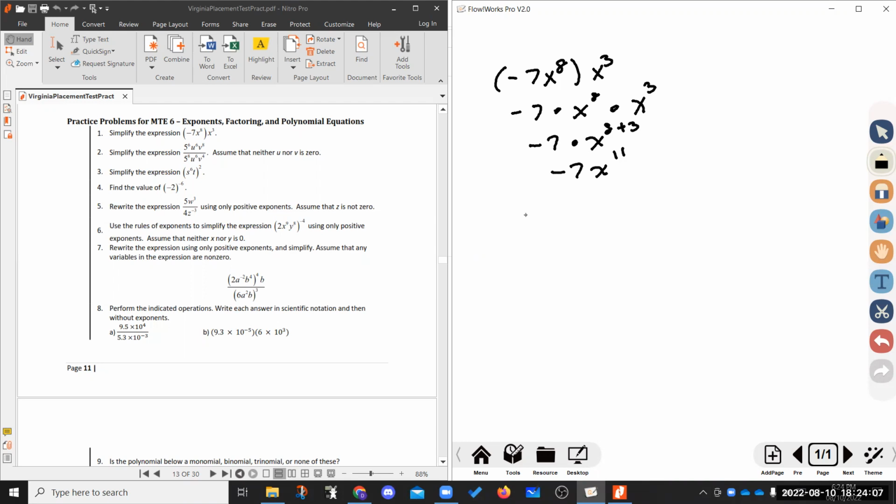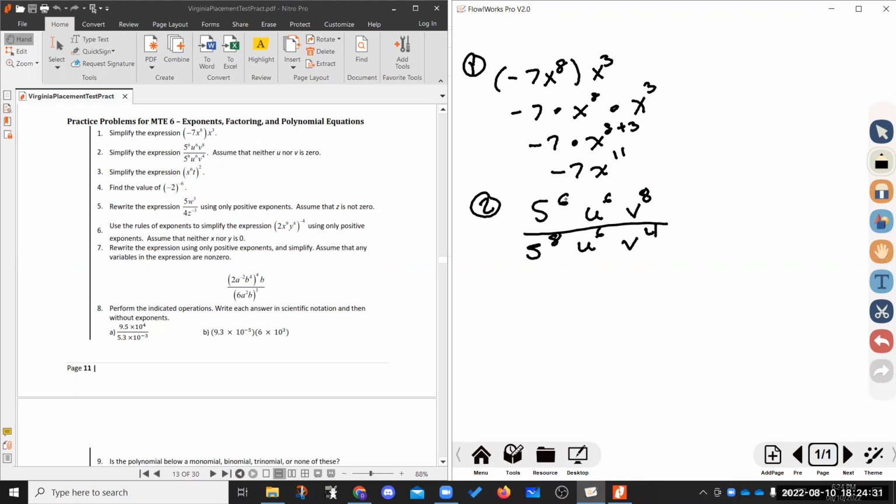Just like when I multiply like bases, I add the exponents, when I divide like bases, I subtract the exponents. So in problem number 2, I have 5 to the 6th, u to the 6th, v to the 8th over 5 to the 8th, u to the 6th, v to the 4th.